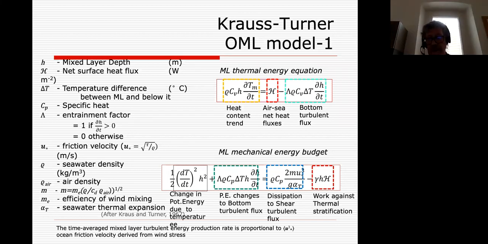It is known from theory that the square of the friction velocity is proportional to dissipation. So we have a coefficient that modulates the dissipation, and the friction velocity term that defines the amount of turbulence that is dissipated.